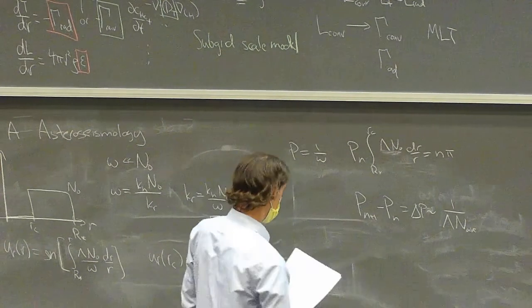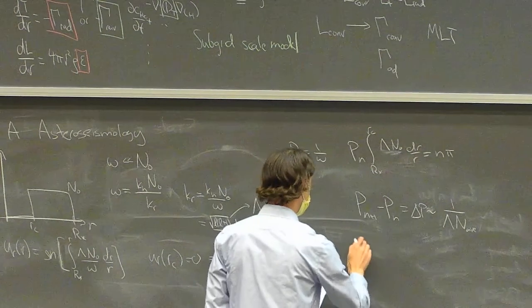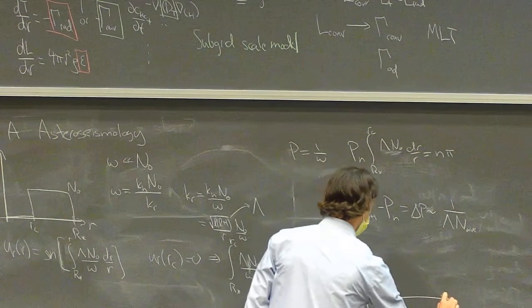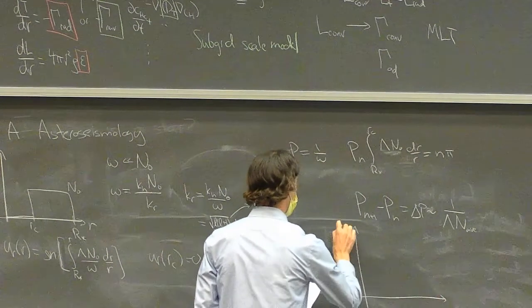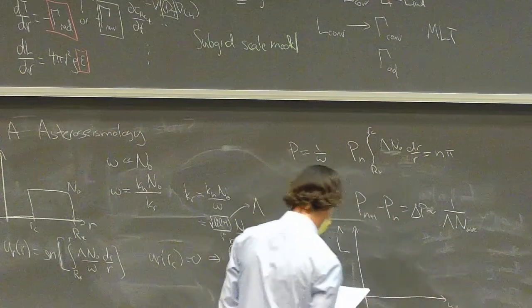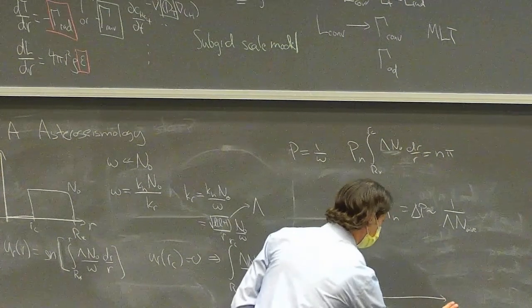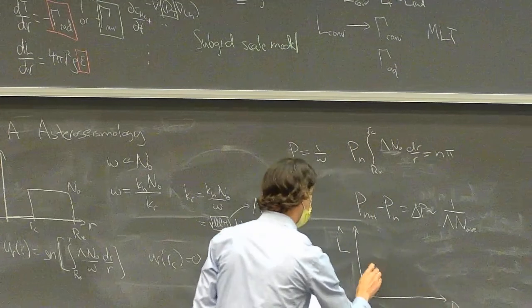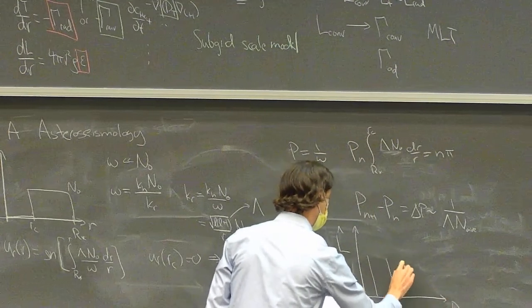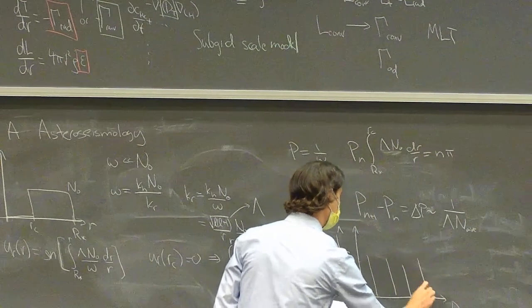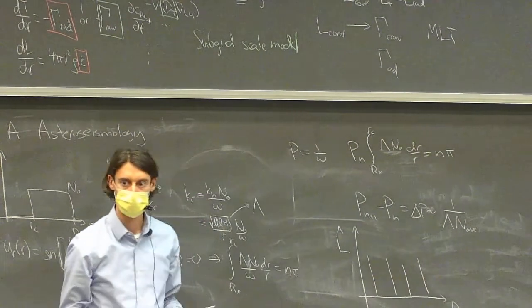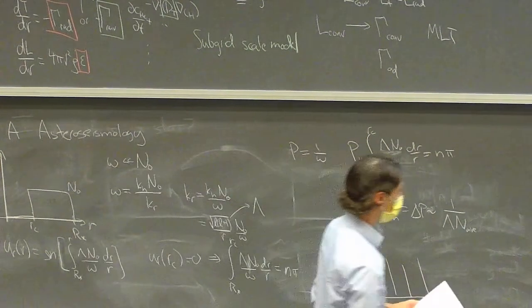And indeed, if you plotted the Fourier transform of the luminosity versus frequency, versus this period, what you would find is that you end up with modes that are about equally spaced in period. Okay.